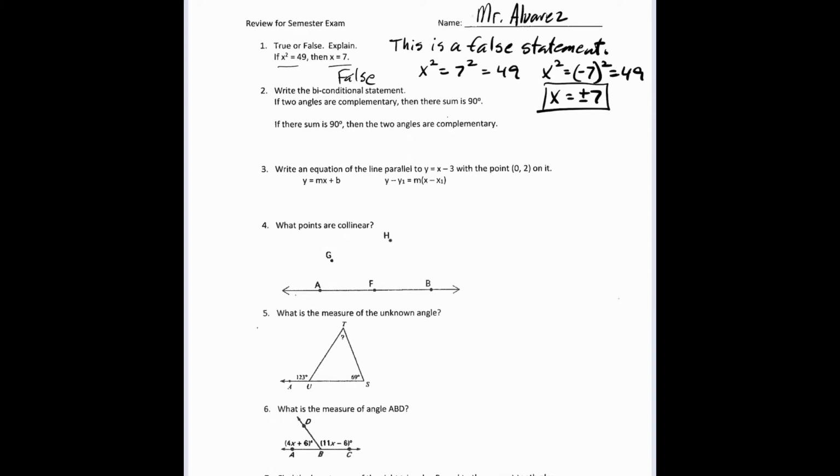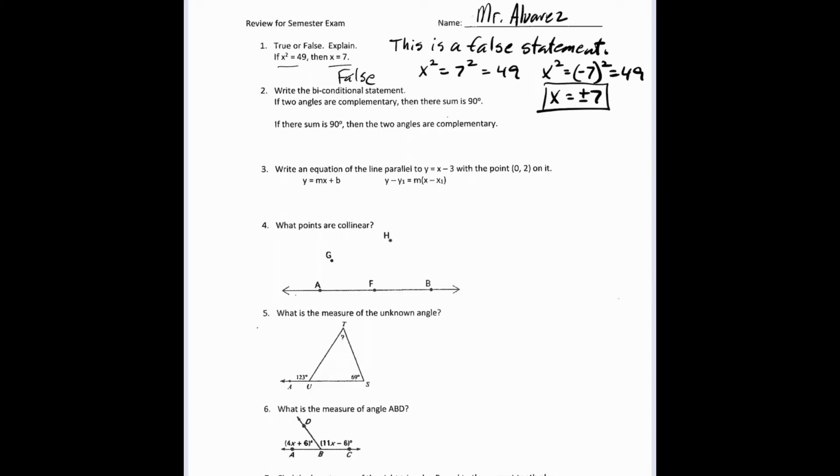Number 2, write the biconditional statement. If two angles are complementary, then their sum is 90 degrees. If two angles' sum is 90 degrees, then the two angles are complementary.